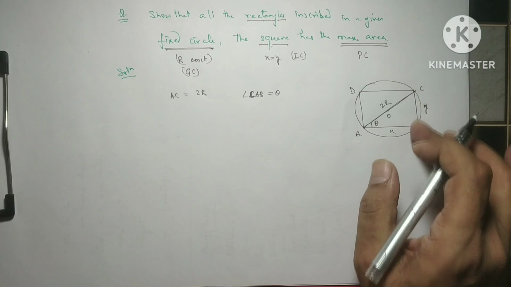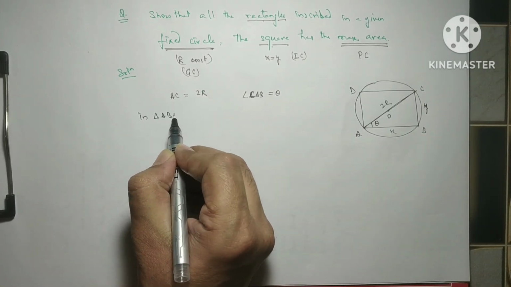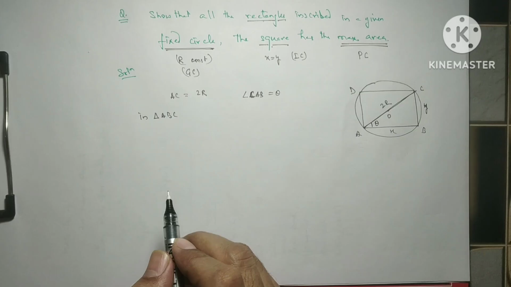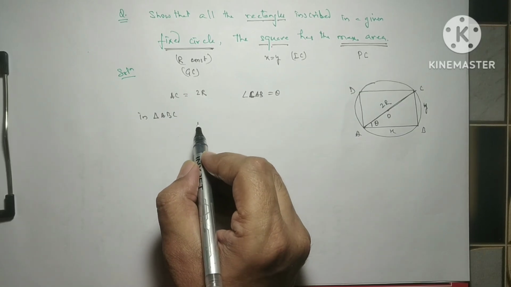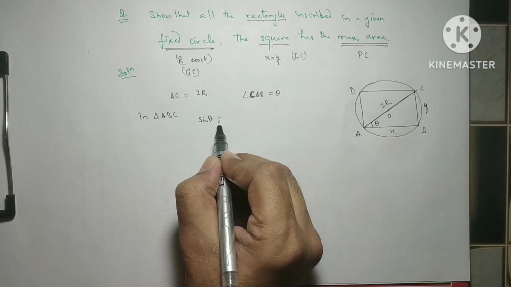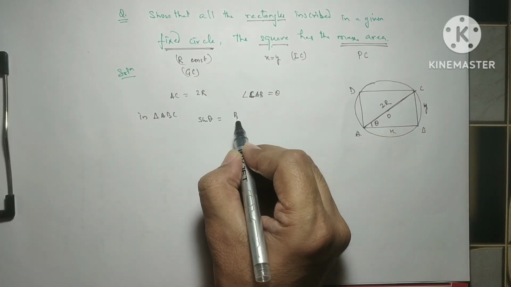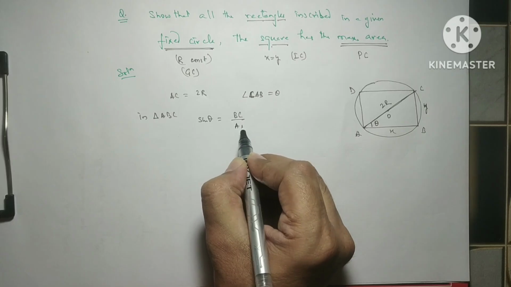According to this triangle ABC, sine theta is perpendicular over hypotenuse, so it is BC over AC.